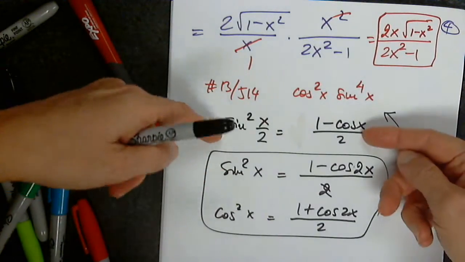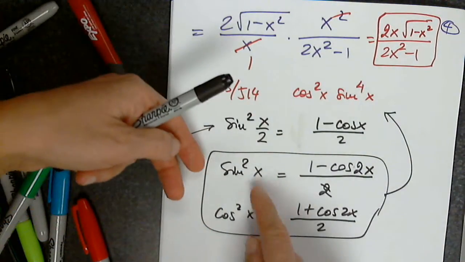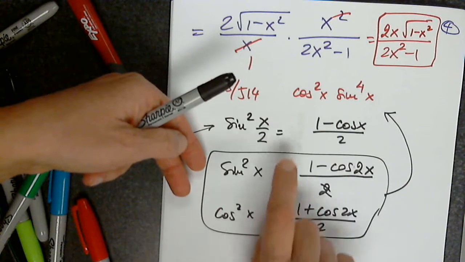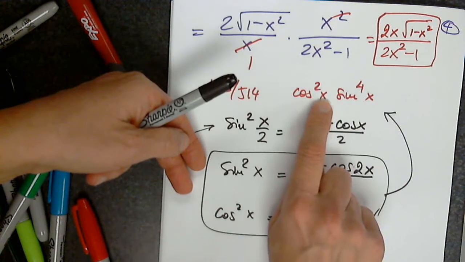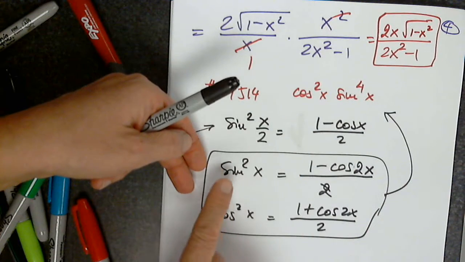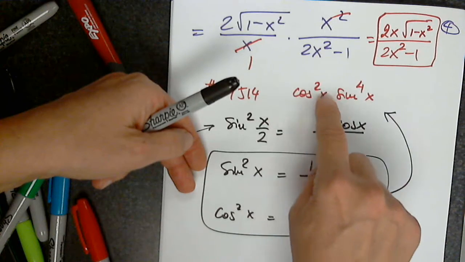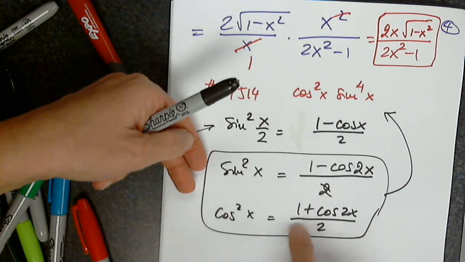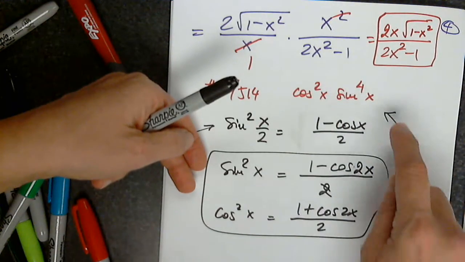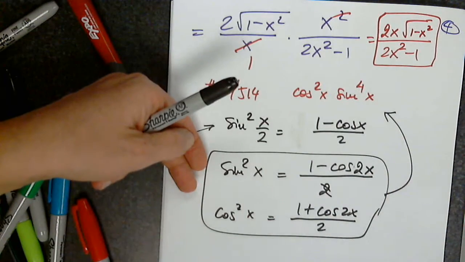And from this formula, I can write anything else. I need these two with x. Why? Because that's what I have. I don't have x over 2. I don't have x. I have 2x, right? So I have to use these two formulas. So I will be replacing this by this, and this by this squared.